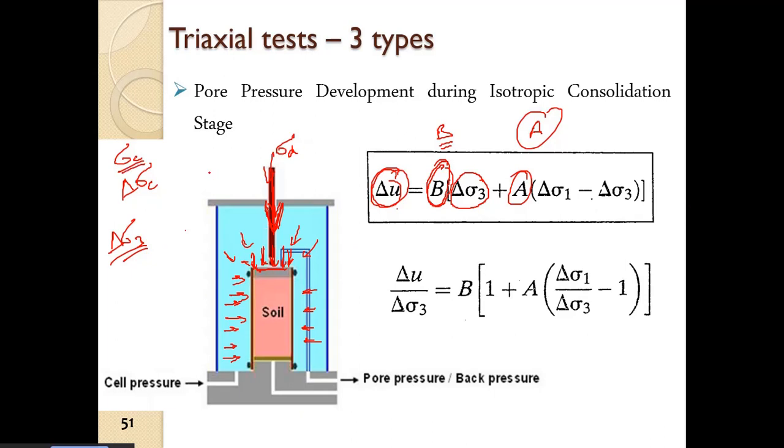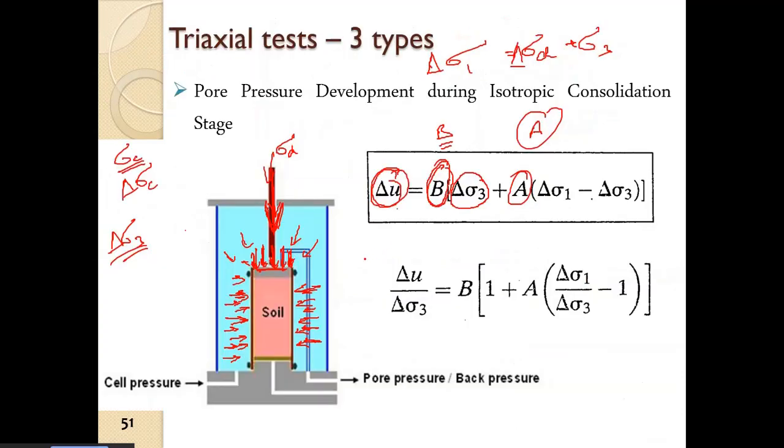When we apply sigma d, ultimately we have sigma 1 equal to sigma d plus sigma 3. So when we apply delta sigma 3, it will be delta sigma 1. So now there will be application of axial stress in this direction, and the sigma 3 will be in this direction, confining the sample from all sides, right? Confining the samples from all vertical sides, of course, right?